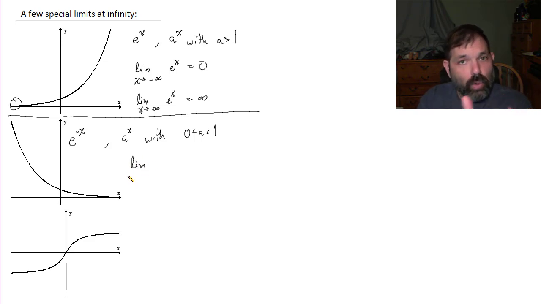It's a horizontal flip of e to the x, and so we get, in a sense, a flip of those limits. The limit with x approaching negative infinity of e to the negative x is infinite, and the limit with x approaching positive infinity of e to the negative x is 0.